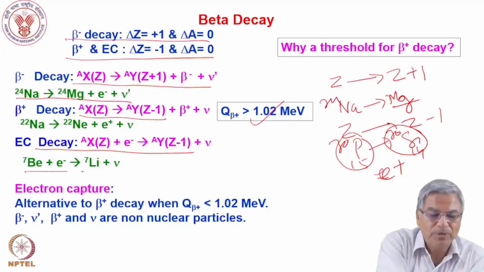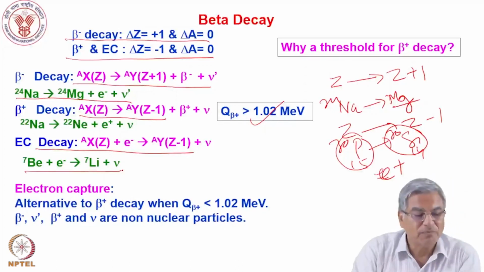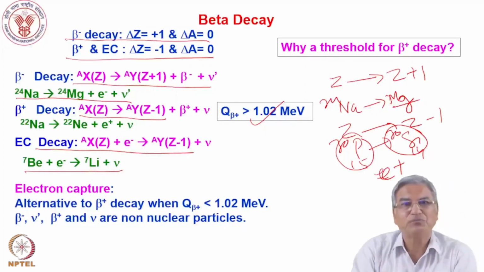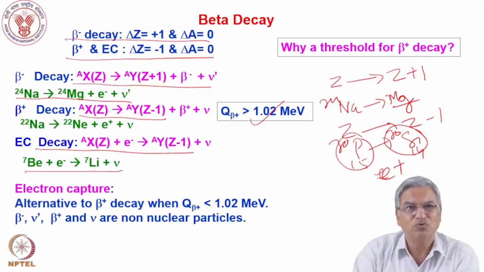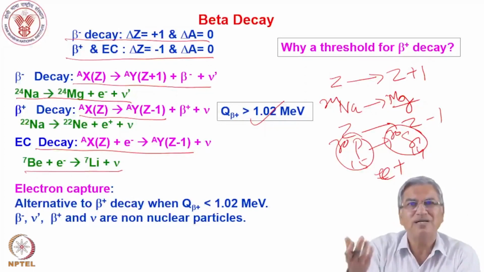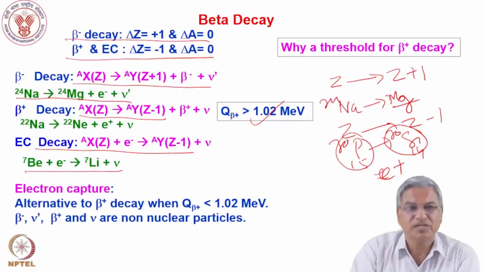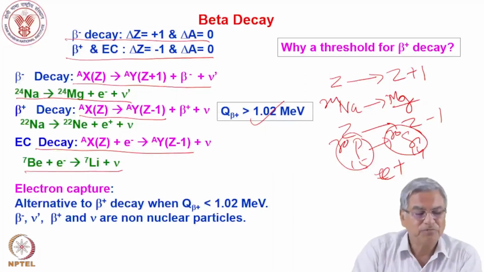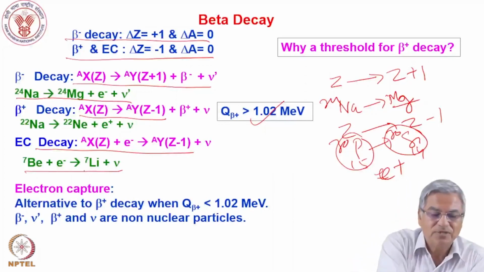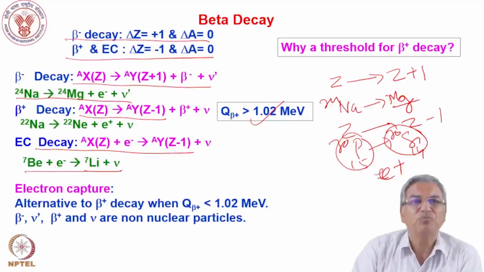Just to give an example, beryllium 7 undergoes electron capture. What does it mean? The nucleus captures an electron from the atomic orbitals. It could be a K electron or an L electron depending upon the Q value for the reaction. So the electron is captured by the nucleus and you have lithium 7 plus a neutrino.